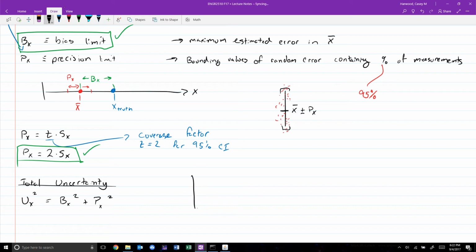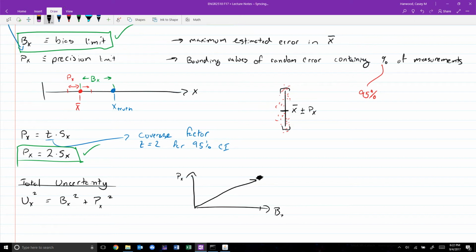I like to think of this as if we have our bias limits and our precision limits plotted as independent axes in 2D space, we might have some values that we figured out, b sub x by p sub x in our coordinate space.